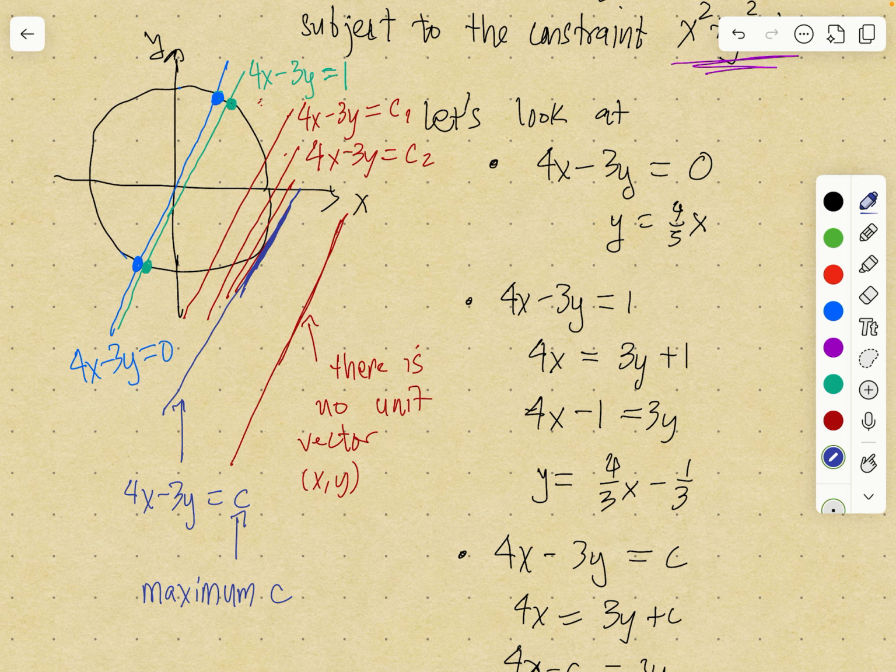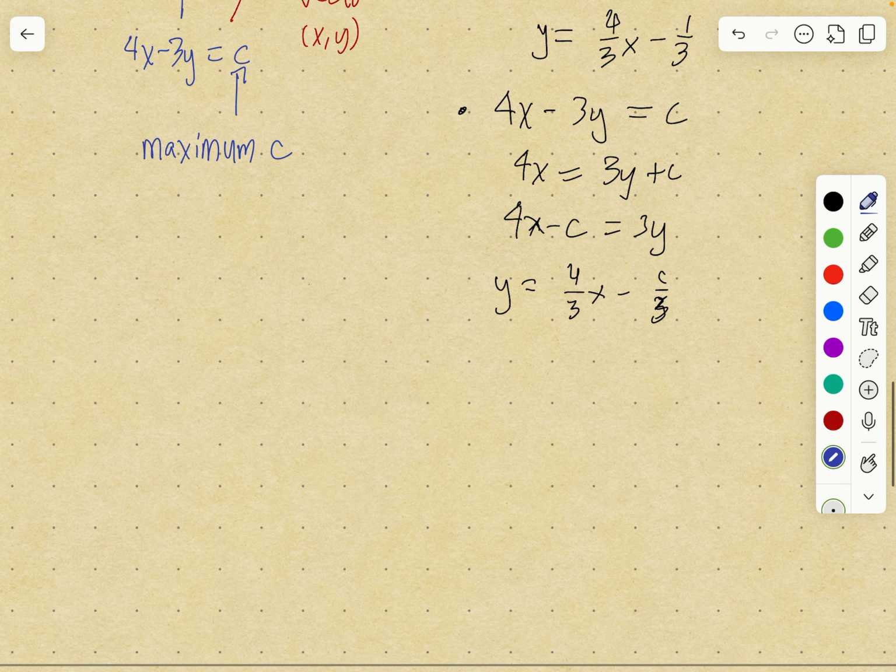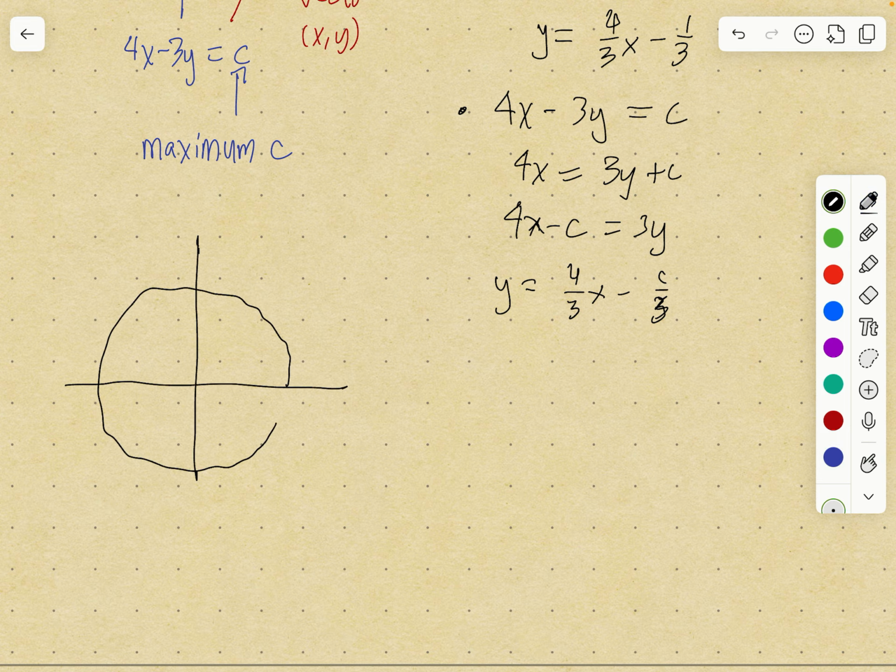So the question is, what line is this? What value of c do I have when the line is just tangent? Well, recall that when you have a circle, so this is my unit circle, and you have a line that's just tangent to the circle. Oh, I don't want to make it look like it's a 45-degree angle. Just tangent to the circle like this.